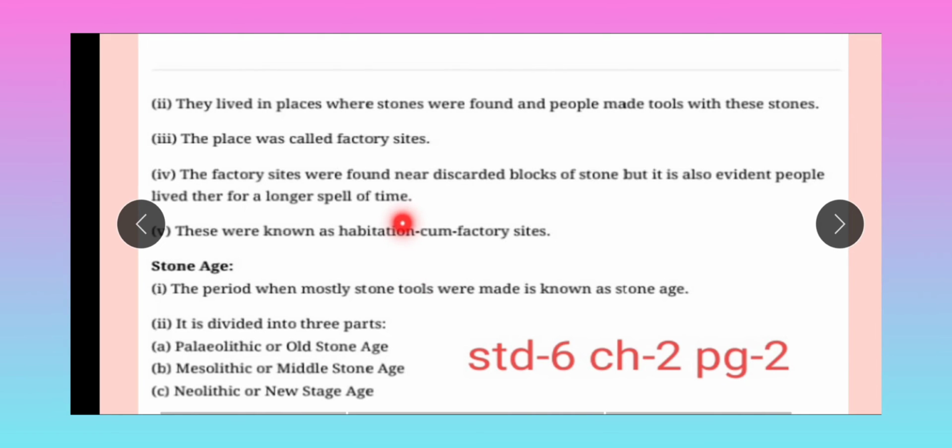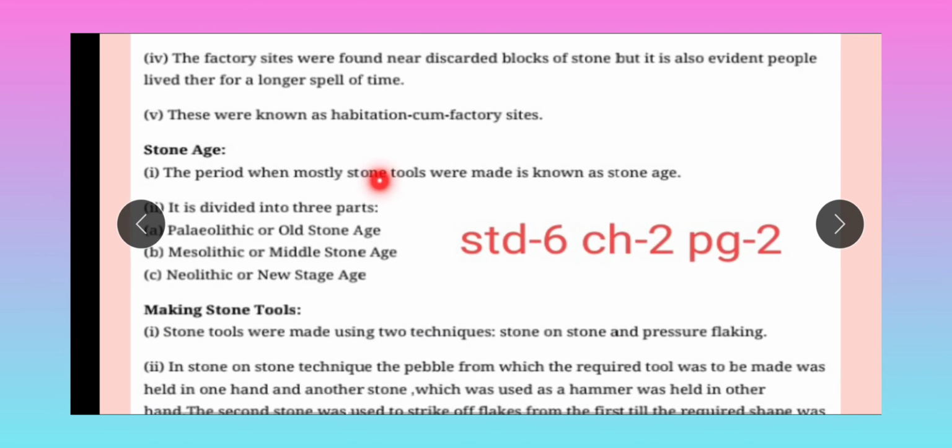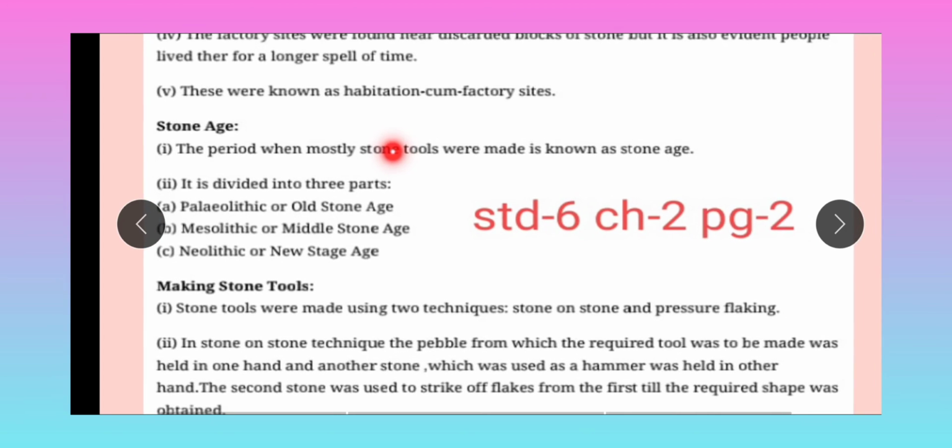Fourth one, the factory sites were found near discarded blocks of stone, but it is also evident people lived there for a longer spell of time. Fifth one, these were known as habitation cum factory sites. Next one, Stone Age. First one, the period when mostly stone tools were made is known as the Stone Age.